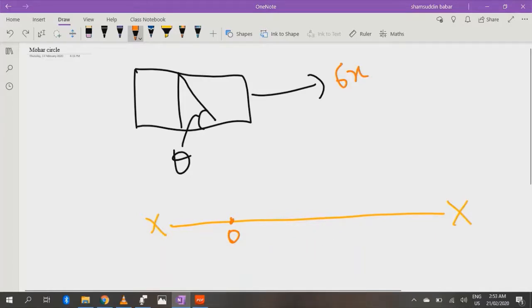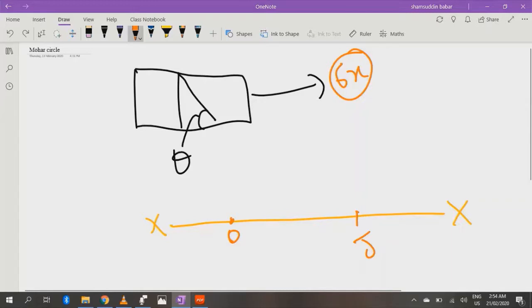If it was compressive, we would have taken it in this direction. Its magnitude is cut here by a suitable scale. This is our J point, and this is due to stress x. The magnitude of the line from this point to this point is stress x. Now we have this line OJ.